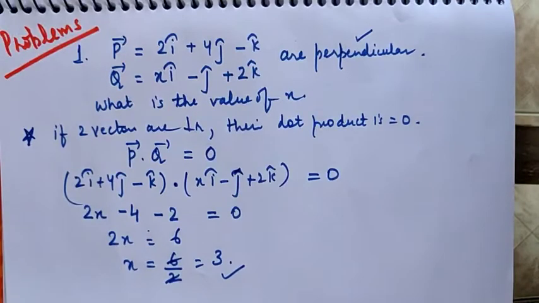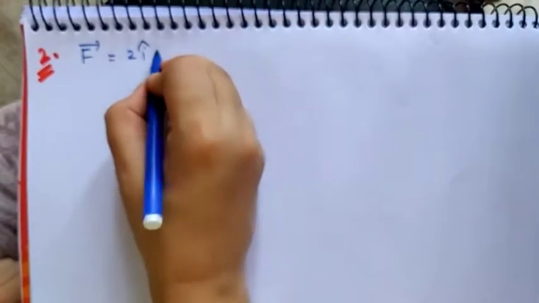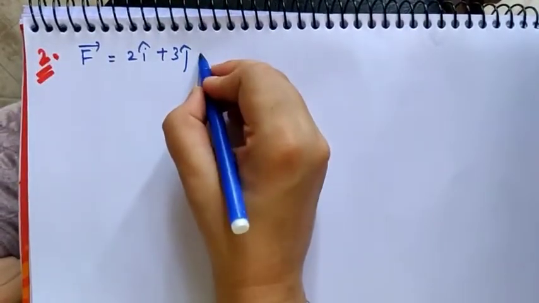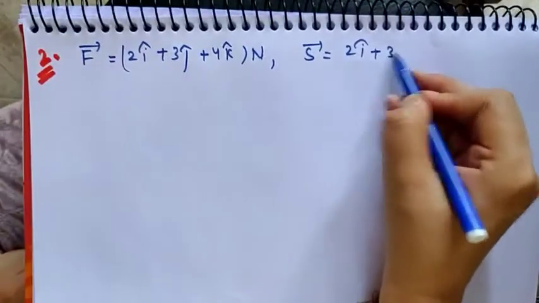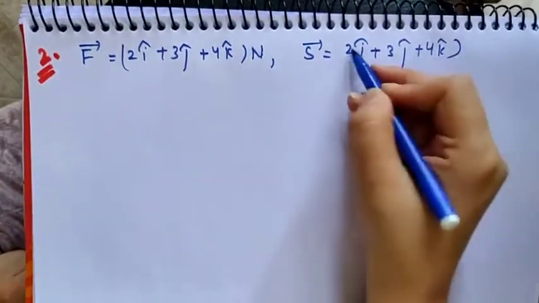Now coming to the second problem, second question that might be in our way. Let me write the statement of that second question. Suppose they are saying a constant force, with value 2i cap plus 3j cap plus 4k cap Newton, is acting upon a body, and the body displaces by the amount 2i cap plus 3j cap plus 4k cap, say.